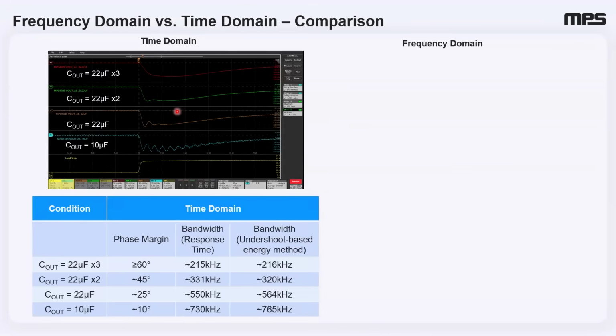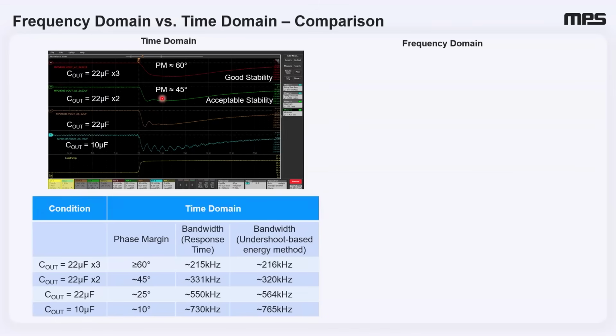Each waveform corresponds to a different level of output capacitance and thus a different phase margin. Starting from the top with 3 times 22 microfarad, the waveform is well damped, representing good stability with a phase margin of around 60 degrees, and one can see no bumps or ring in this waveform. With 2 times 22 microfarad, the response is more controlled.